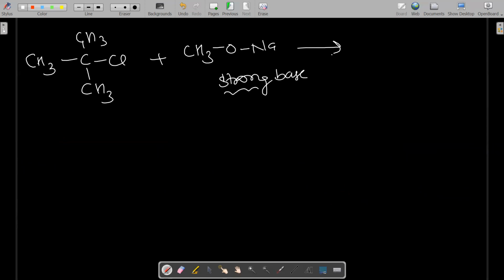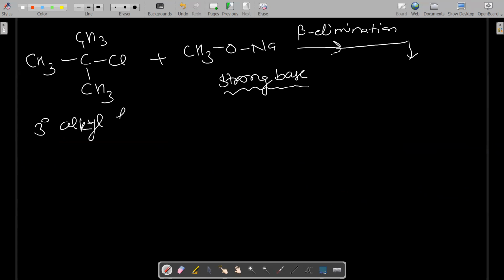Due to behaving as a strong base, it undergoes beta elimination reaction, and by beta elimination reaction, always we get alkene. So now when the alkyl halide is a tertiary alkyl halide, the sodium alkoxide acts as a strong base and undergoes beta elimination because of formation of a stable carbocation. Suppose this is, we can write over here CH3CH2.